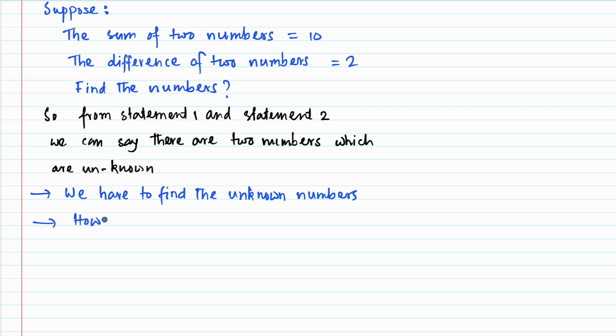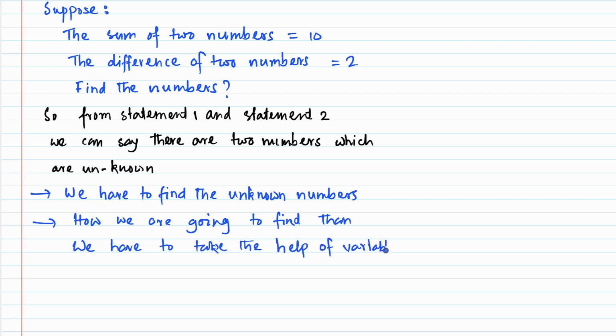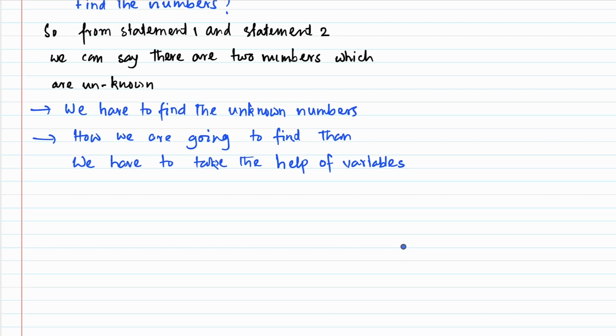So we have to find these unknown numbers, and how we are going to find them is important. We have to take the help of variables. These variables will come into the picture, which will be very handy to solve these problems.